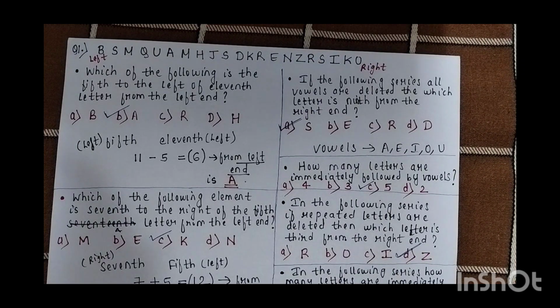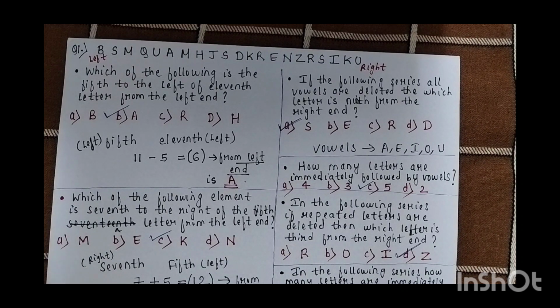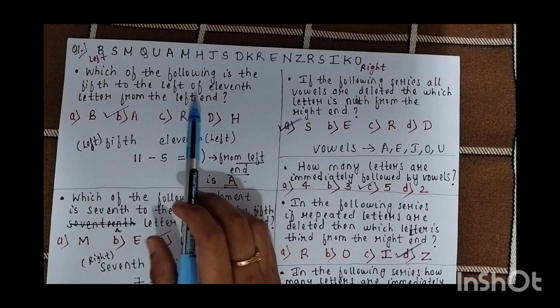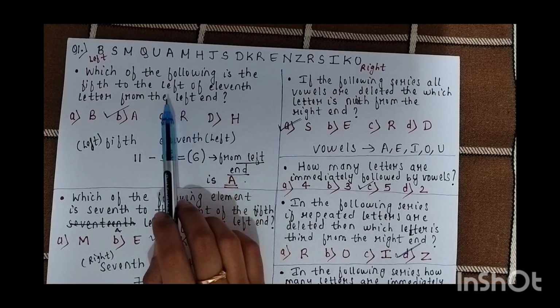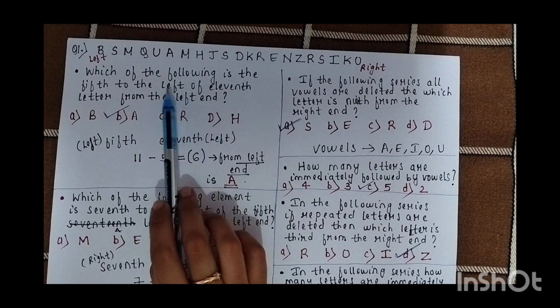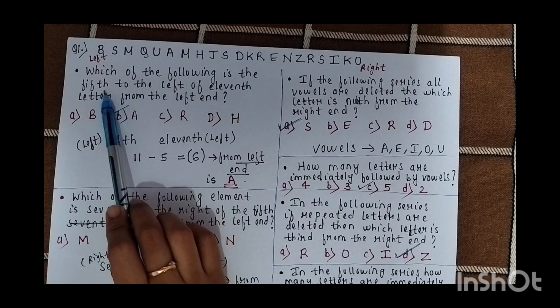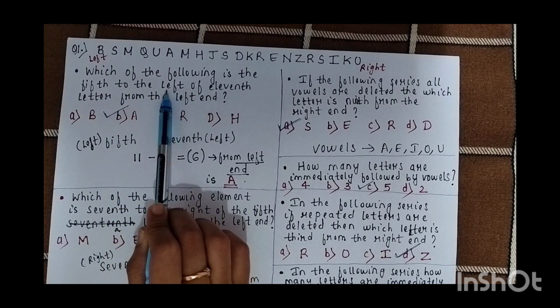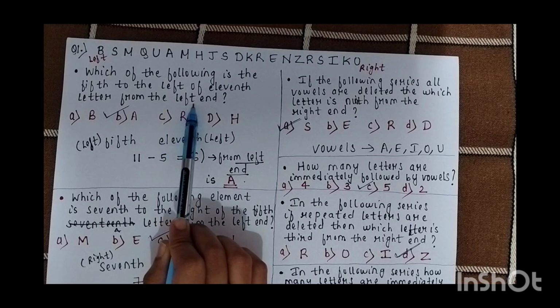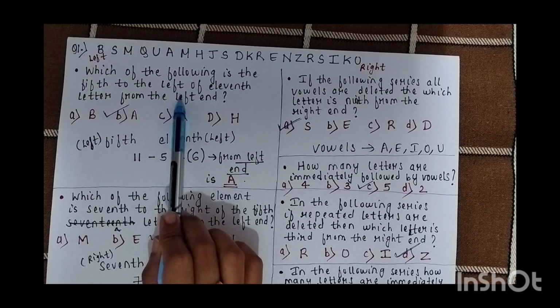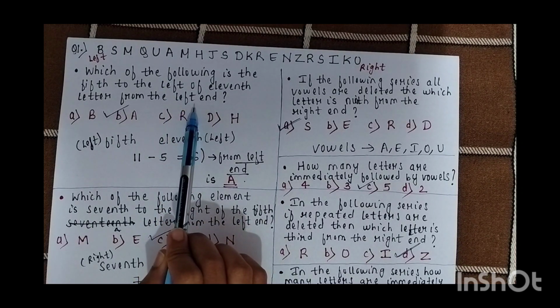First question under that is, which of the following is the fifth to the left of the 11th letter from the left end? Just now I told you that this type of question appears usually in competitive exams. So what is the tip and trick I told you? First, see what is given. Fifth to the left they have given. So left is asked and again left is asked. When it is left, left, the same, then you need to subtract.